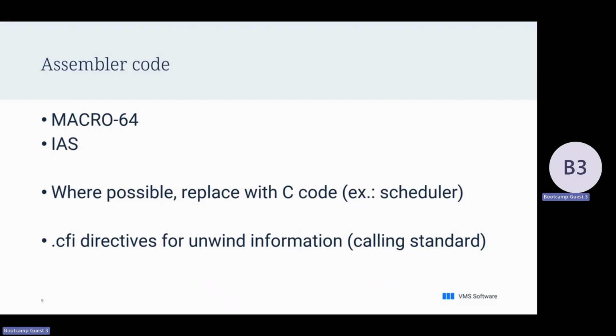And there may be exceptions in something that you call from assembler. But if you don't provide these CFI directives to provide unwind information, the unwinder will come to your assembly routine, say, I have no way to continue from here, and I'm going to call the last chance handler. That's the word I was searching for.